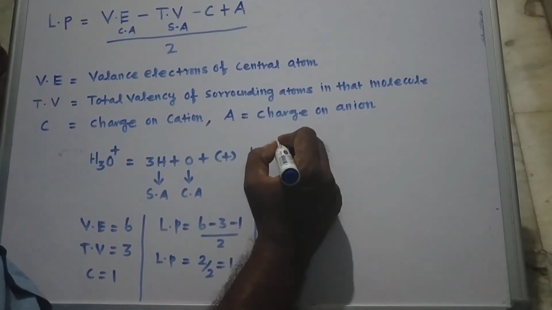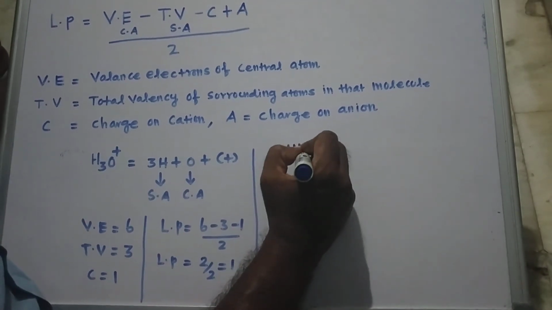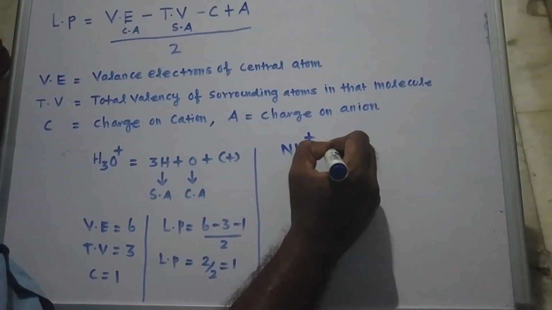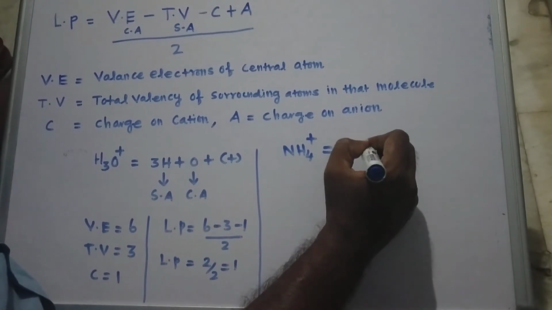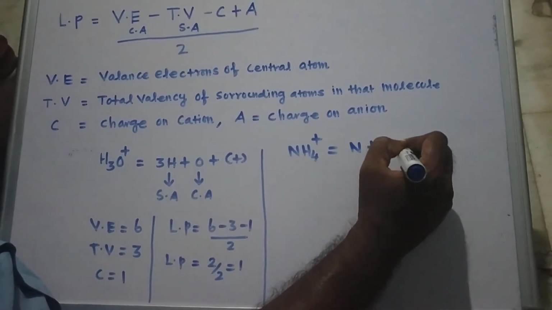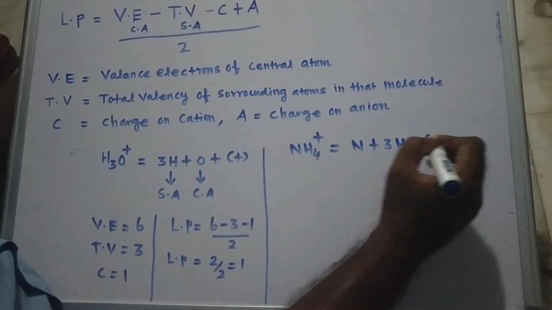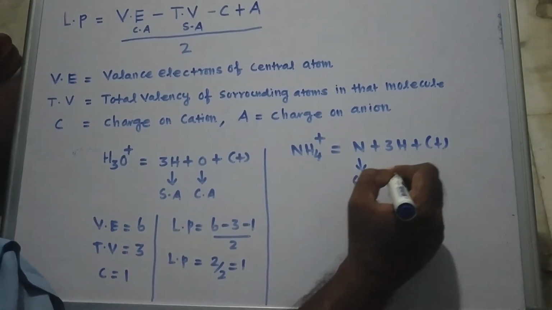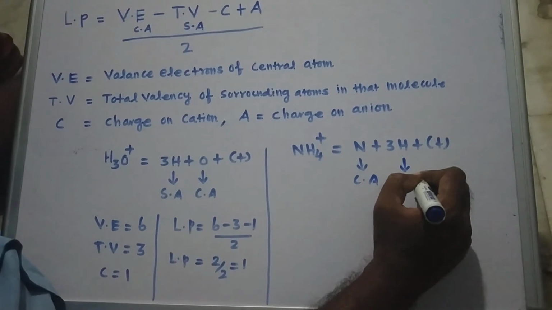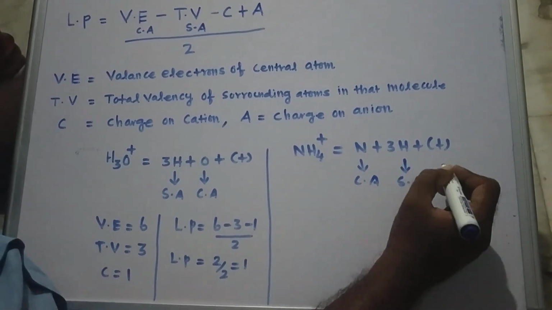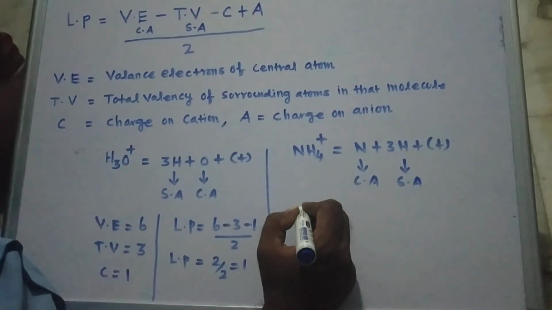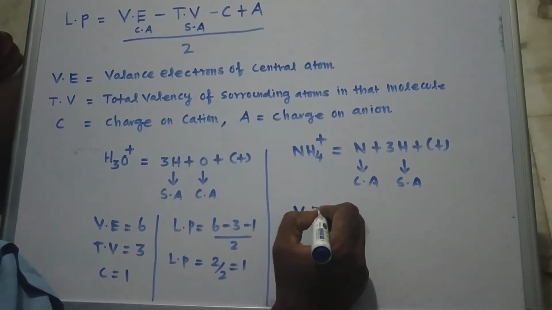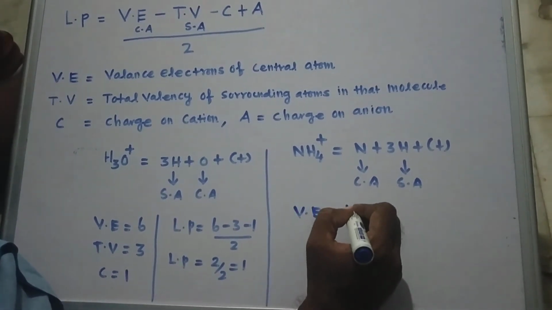Now let us consider ammonium ion NH4 plus. Okay, this can be split up into nitrogen, four hydrogen and one positive charge. Okay, nitrogen acts as a central atom and hydrogen acts as a surrounding atom and one positive charge due to cation. Okay, it's well known that for nitrogen the valence electrons are equal to 5.